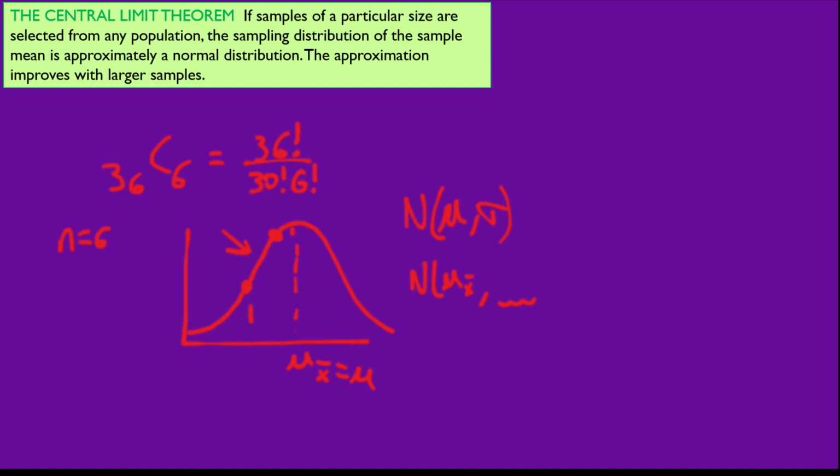In fact, this works with a normal distribution. If the population is normally distributed, this works. If it's a uniform distribution, it works. If it's any type of distribution, it can work. And that's a pretty powerful result.